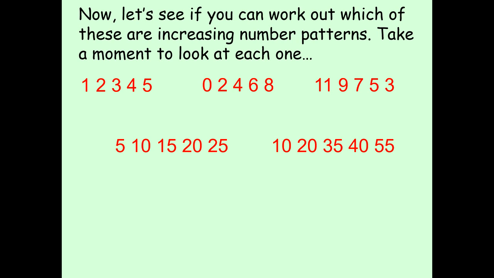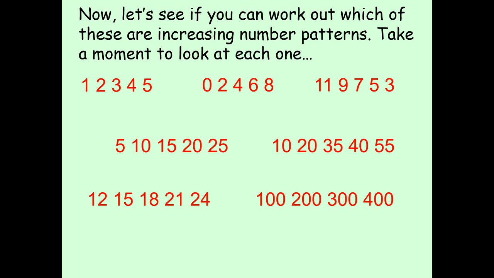The trick one. Here we have 12, 15, 18, 21, 24. The next one is 100, 200, 300, and 400. And the last one is 18, 20, 21, 23, 25, and 28. Take a moment. Which ones are increasing number patterns?